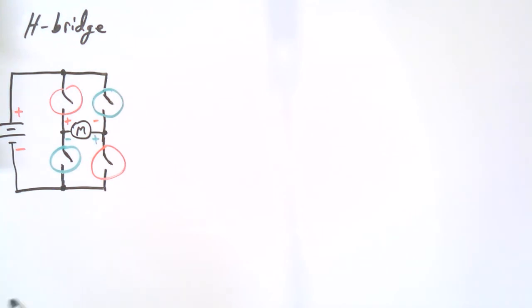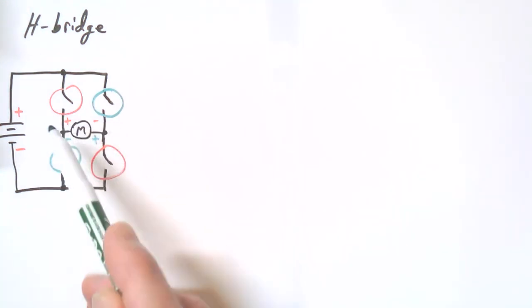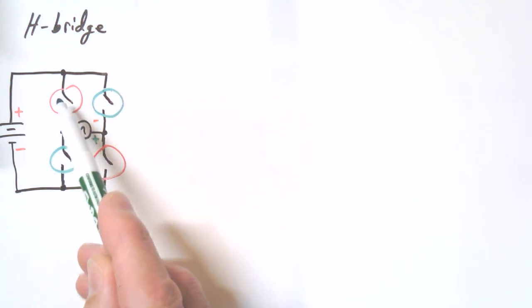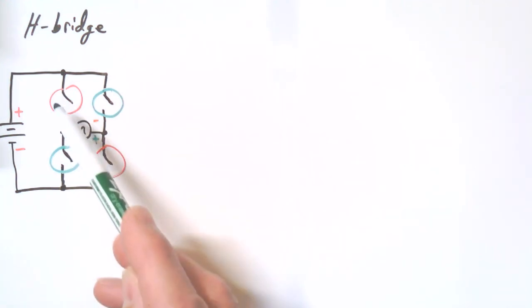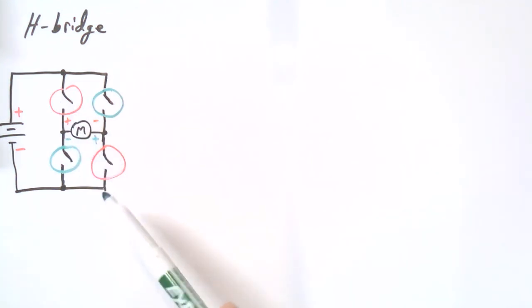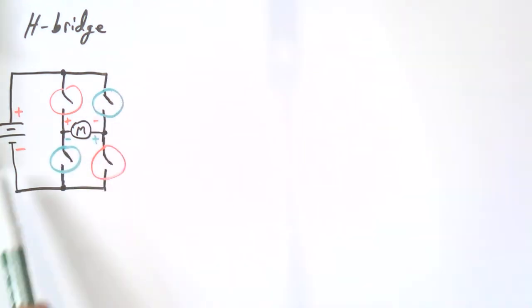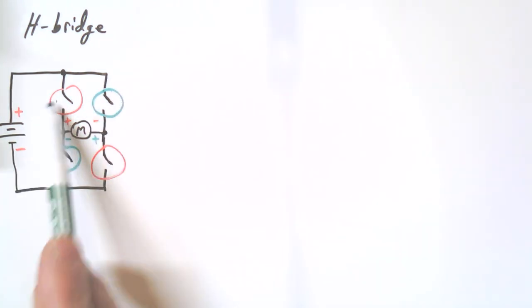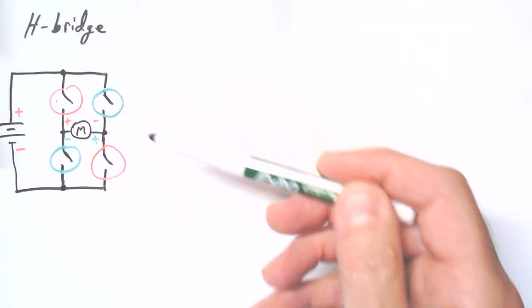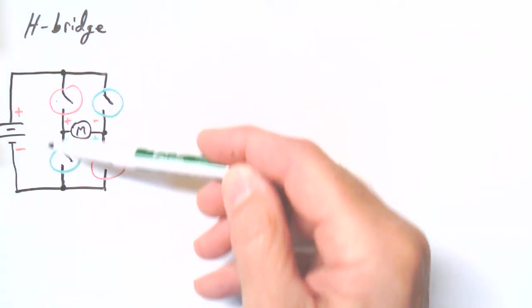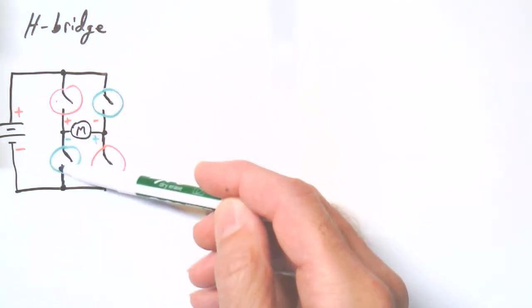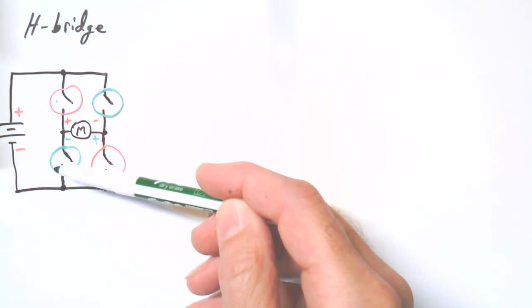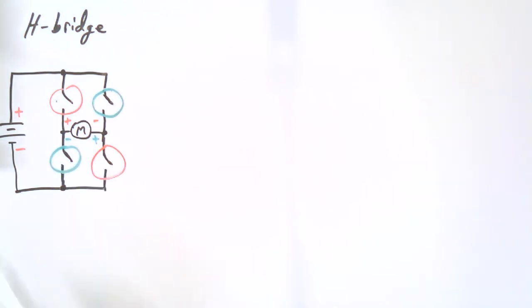One very important thing is obviously the switching must be controlled very carefully. These two switch, or these two, but never these two, right? You'll get a dead short. If you ever have this contact and this contact, or this transistor and this transistor connected at the same time, obviously you get a dead short.